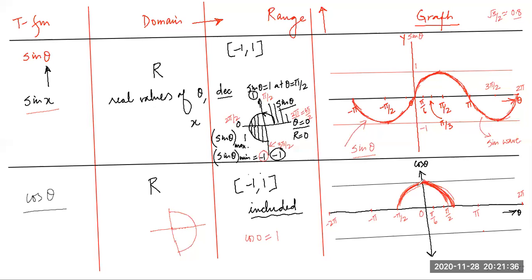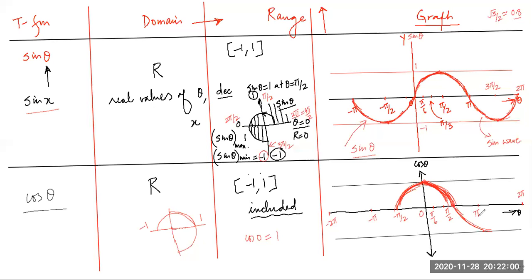Then at cos pi, students, cos 0 is 1, cos pi is minus 1. So it will be here, and it will go like this.